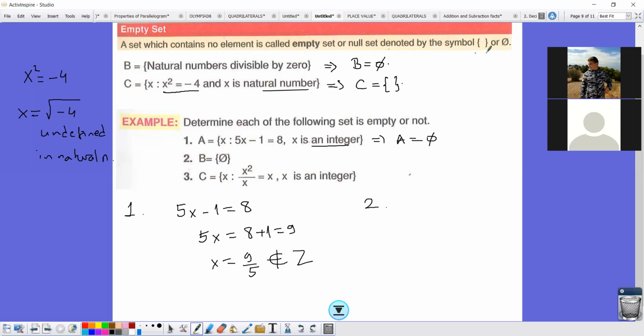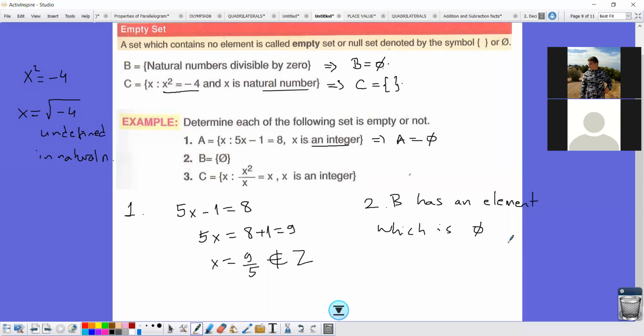So here, guys, how do we show the empty set? We show it with this symbol only, or with the brackets only. But here we have an element in B, which is the empty symbol.